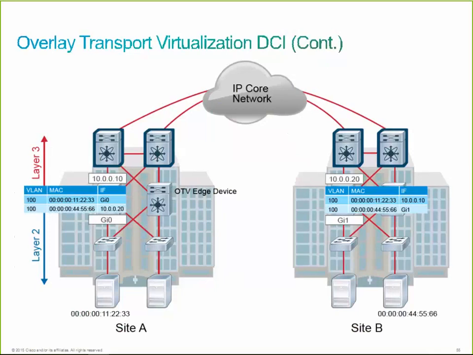The MAC routing function in OTV is a control plane function, a control plane protocol, and it is used to exchange MAC reachability information between our network devices, which gives us LAN extension across the IP core, right?